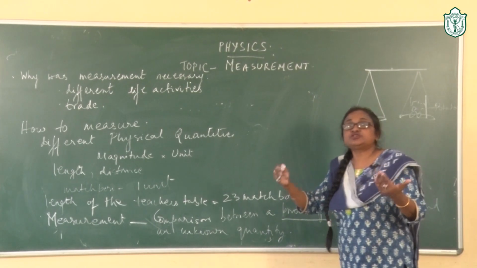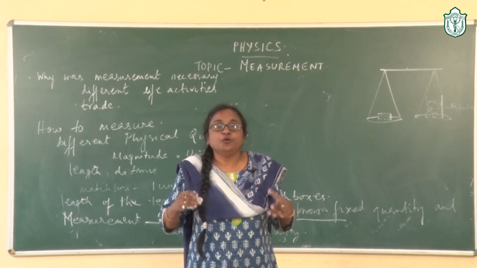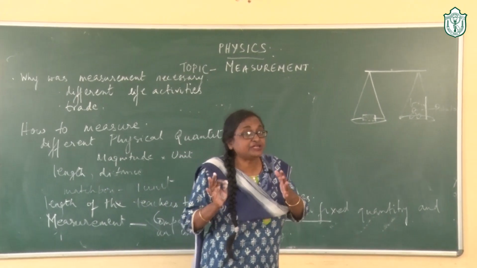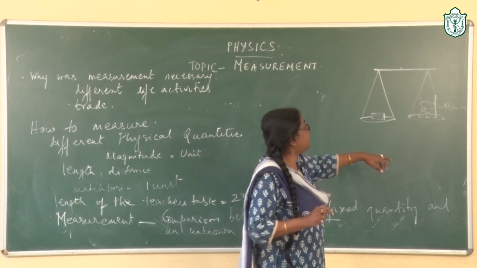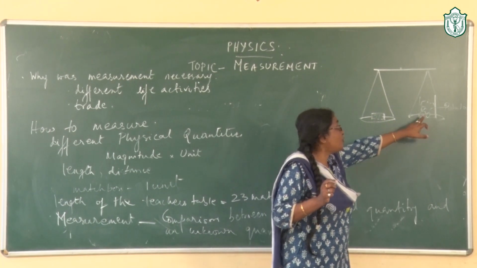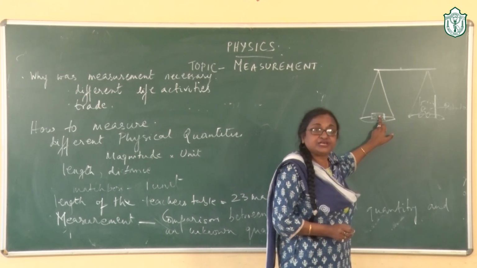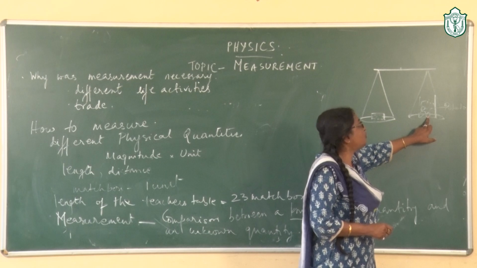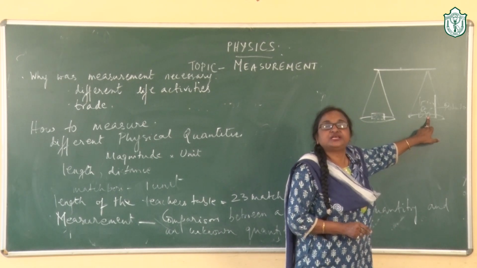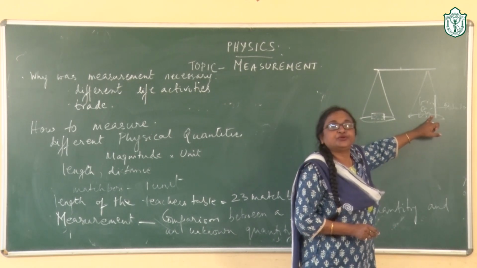So, in terms of measurement, the shopkeeper is comparing a known quantity, which is the 5 kg, with an unknown quantity, which is the potato.